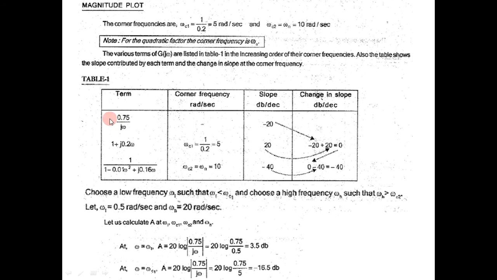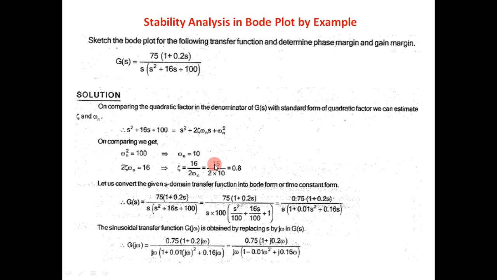For 0.75 by j omega there is no corner frequency, for 1 plus j 0.2 omega we got the corner frequency of 5 radians per second, and for 1 by 1 minus 0.01 omega square plus j 0.16 omega we got the corner frequency omega c2 of 10 radians per second. In the previous slide we discussed how to derive this.